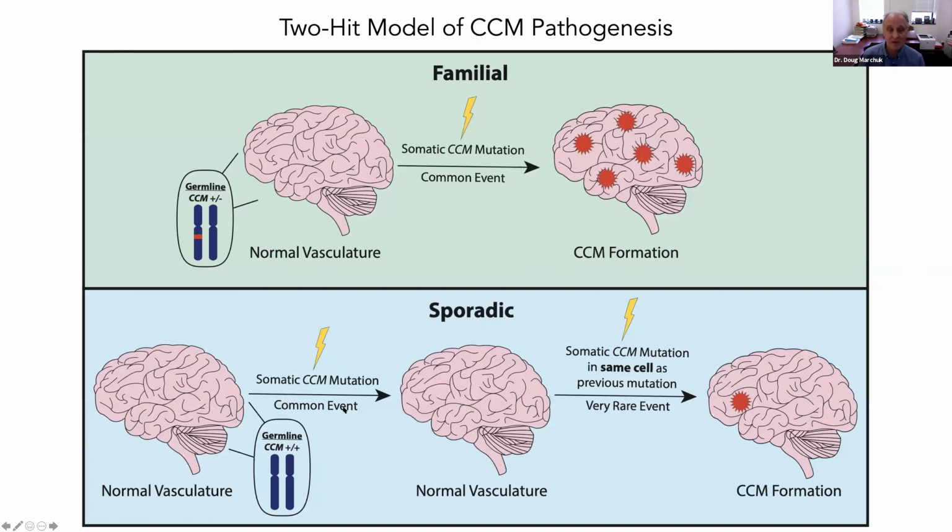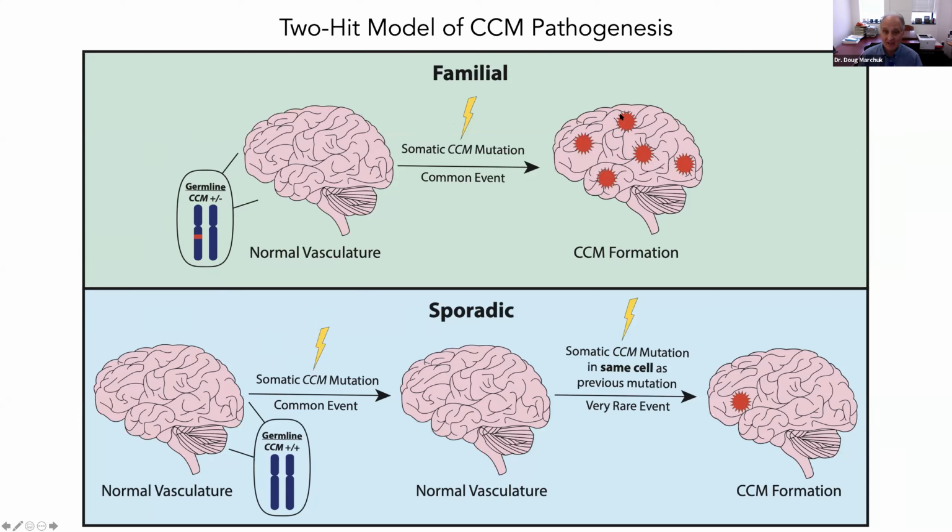And so that led to a model of pathogenesis, and this is prior to Mark's mouse work, that we would say, well, if you were in a family, you already had one mutation that you inherited from one of your parents, and all the cells in the vasculature of the brain, showing a brain here, have one copy mutant and one normal.